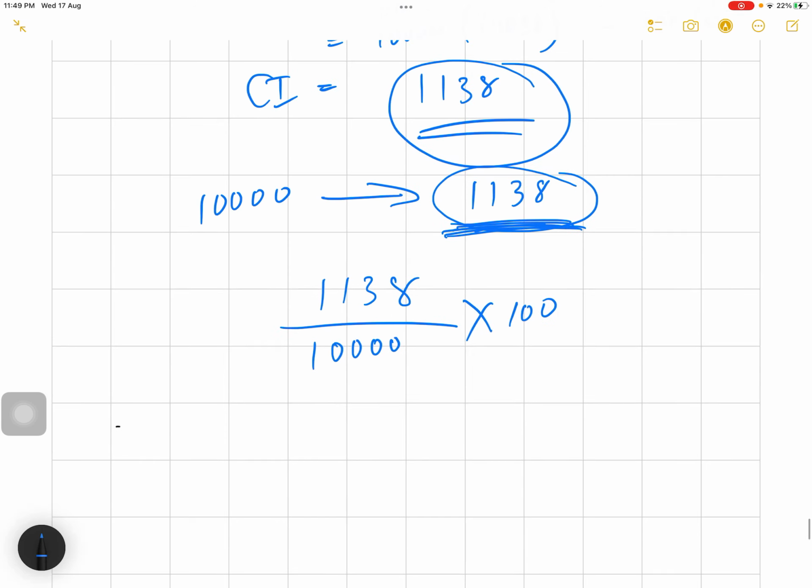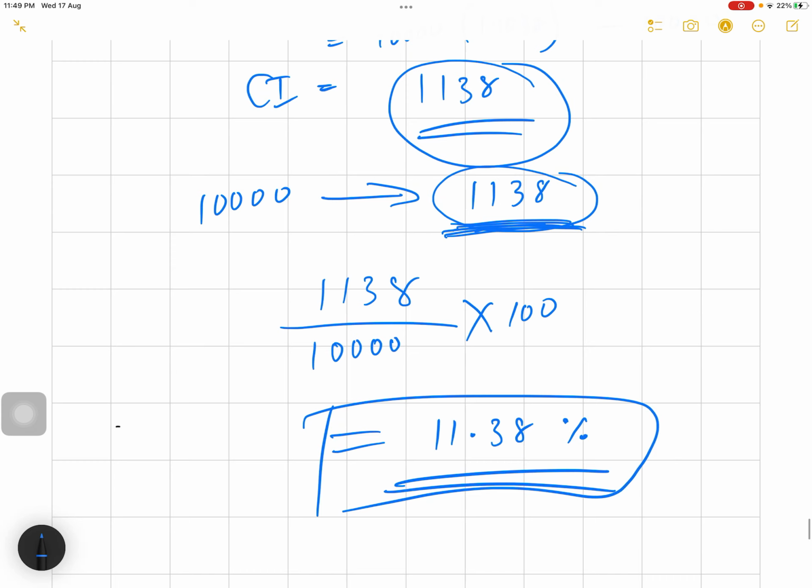When you do into 100, I am earning 10.38%. So that means my effective rate of interest is 10.38%.